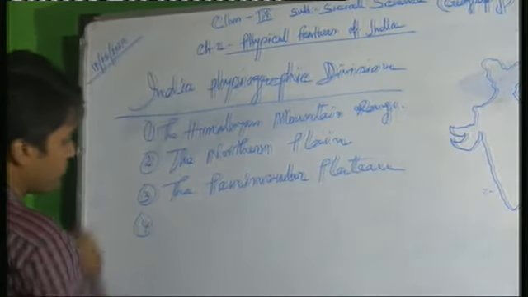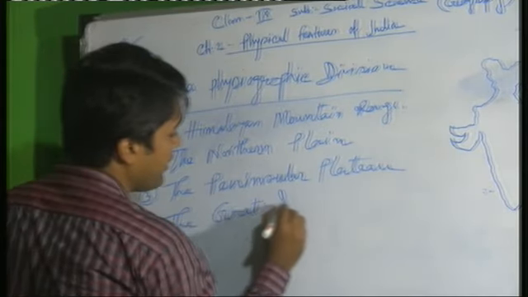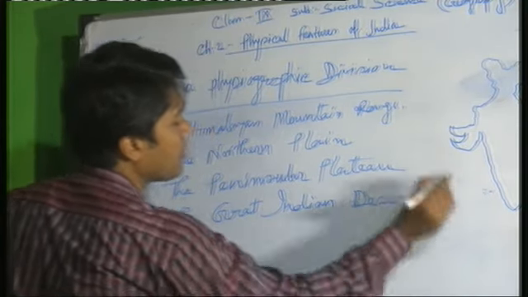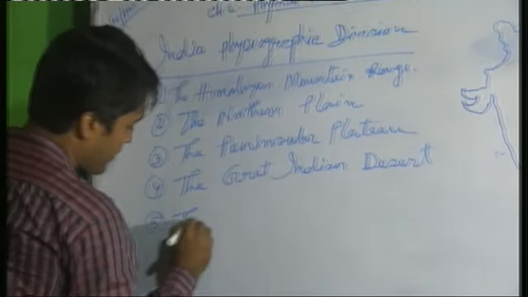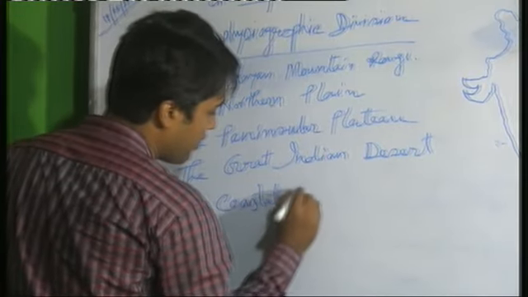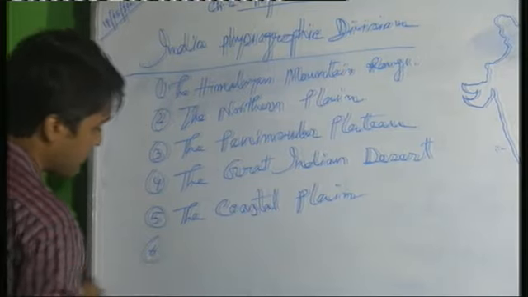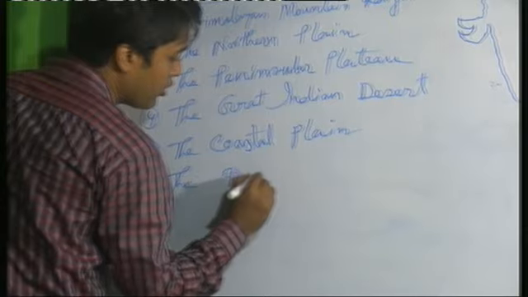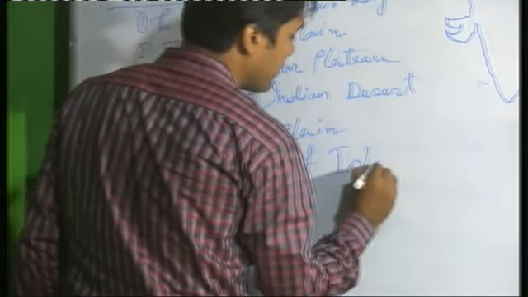Number 4, the Great Indian Desert. Number 5, the coastal plain. Number 6, groups of island.